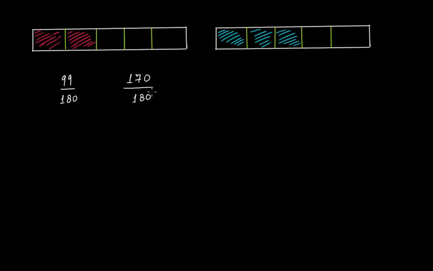It doesn't matter how large a fraction is or how small a fraction is. If the given fractions are like fractions, what is the condition of like fractions? Like fractions have the same denominator. If two fractions or three fractions or whatever fractions have the same denominator, in this case you have 180 and 180, that means it is a like fraction.